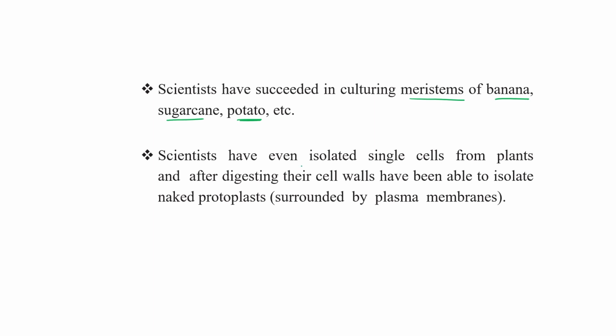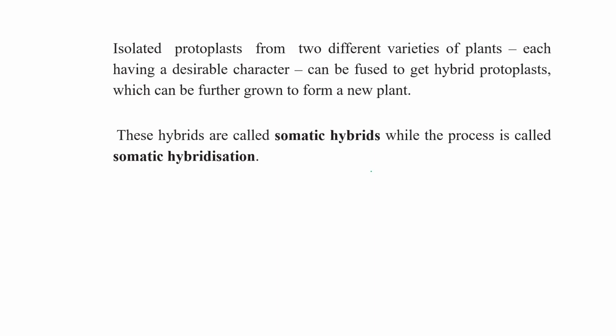Scientists have even isolated a single cell from plants, and after digesting their cell wall, have been able to isolate naked protoplast. Means that protoplast is surrounded by plasma membrane, but they have just removed their cell wall. Isolated protoplasts from two different varieties of the plant, each having a desired character, can be fused together and produce a hybrid protoplast, which can further grow and form a new plant.